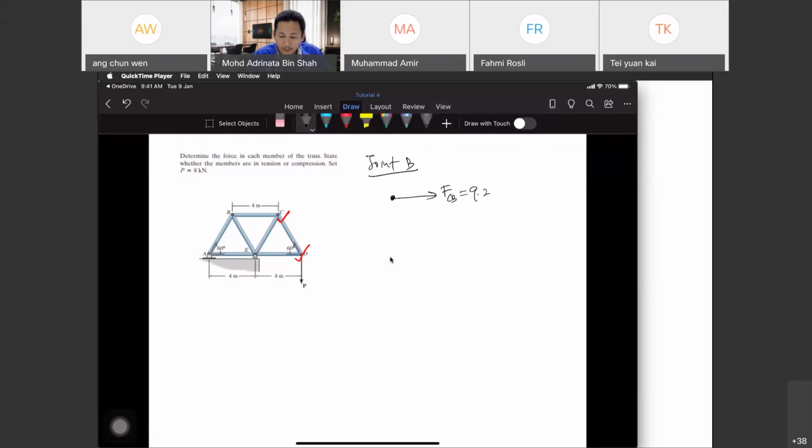It's the same. Then we have the FBA, and we have also FBA with 60 degree and 60 degree.